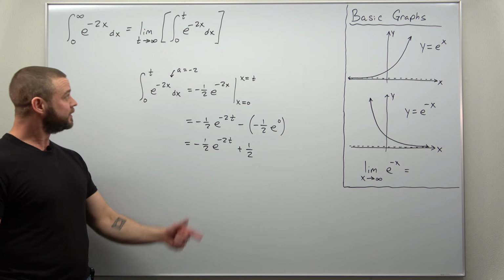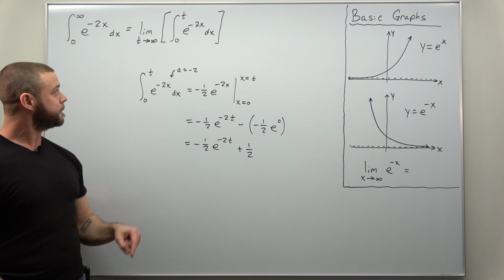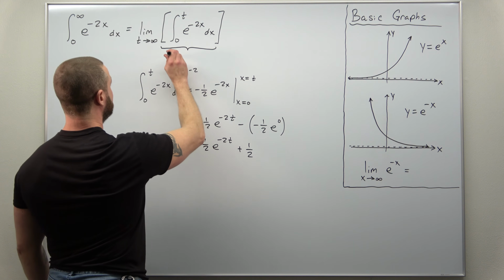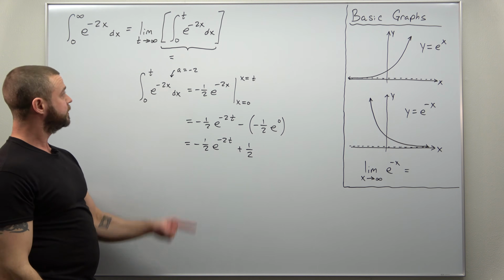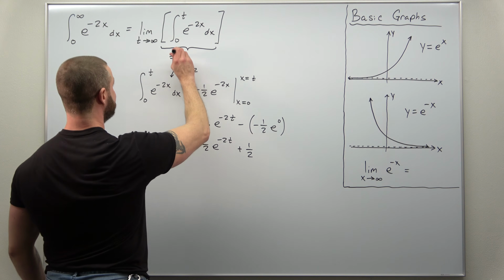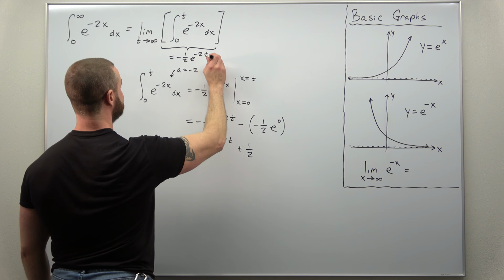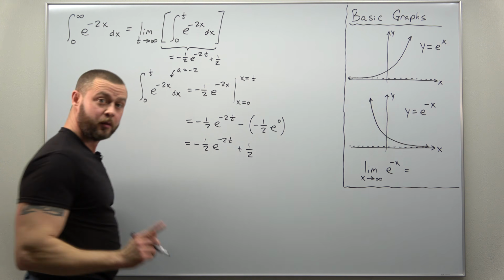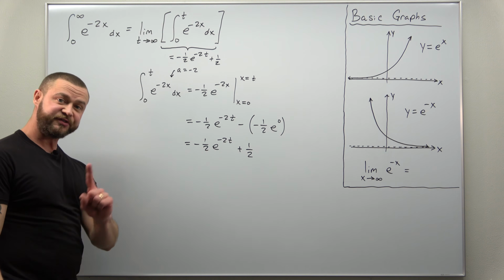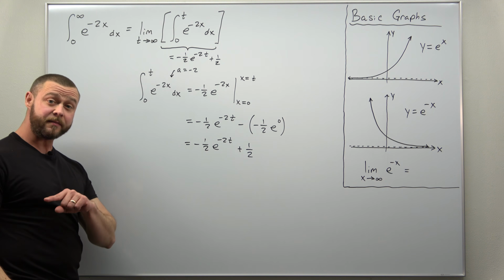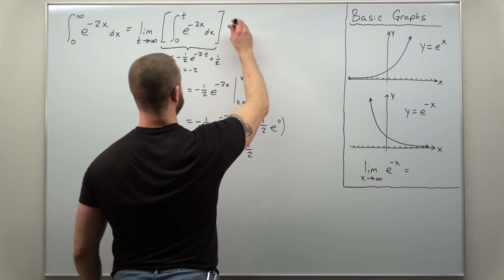We can now immediately plug that in up here because that is the value of that integral. And that's what we're going to take the limit of: negative 1/2 e to the negative 2t plus 1/2. So step 1 is done. We're done with the integral. Now we can evaluate the limit as t approaches infinity.